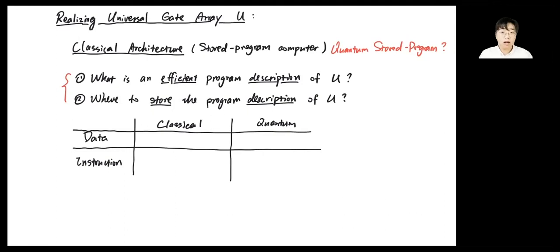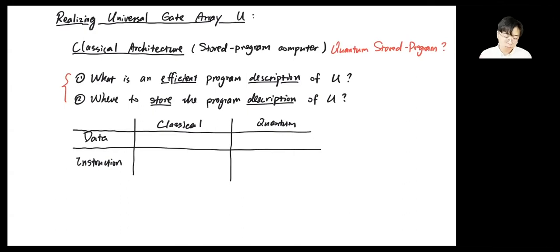But it's also fun to think about whether it's possible to store information about the transformation in qubits, a quantum analog of the notion of a stored program computer. So let me break up this exercise into answering two questions. First, what is an efficient program description of U?